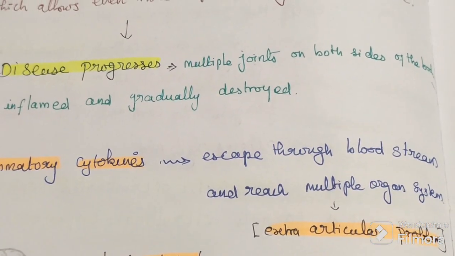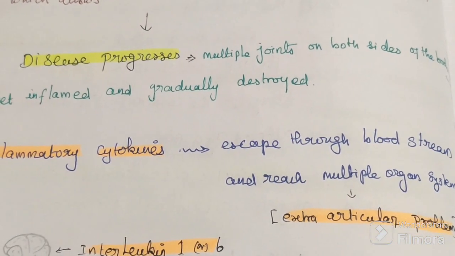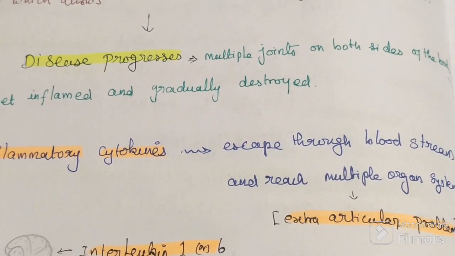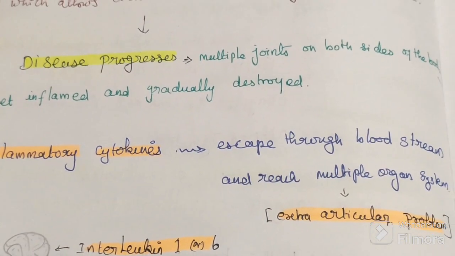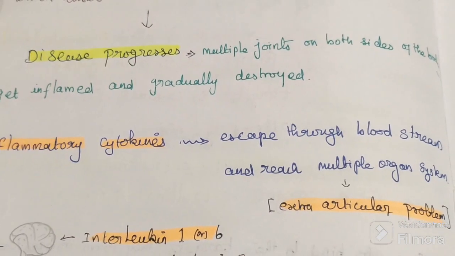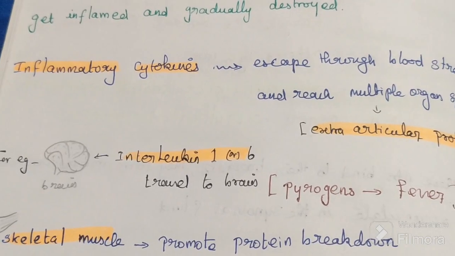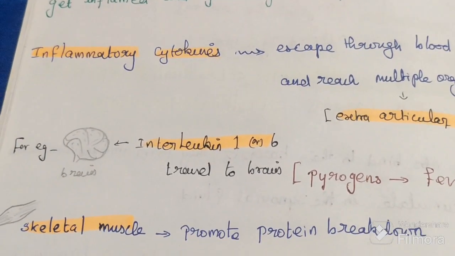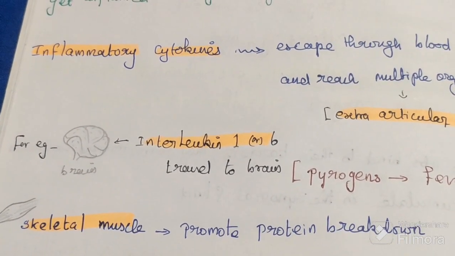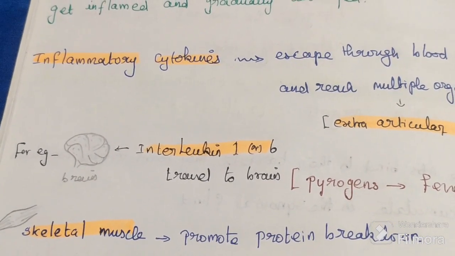Instead, they escape through the bloodstream and reach multiple organ systems, causing extra-articular problems, meaning problems beyond the joint space. For example, interleukin 1 or 6 travel to the brain, where they act as pyrogens inducing fever.